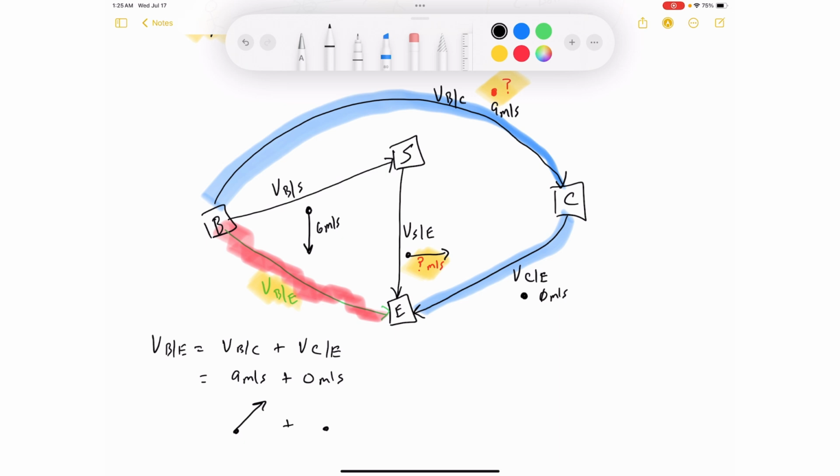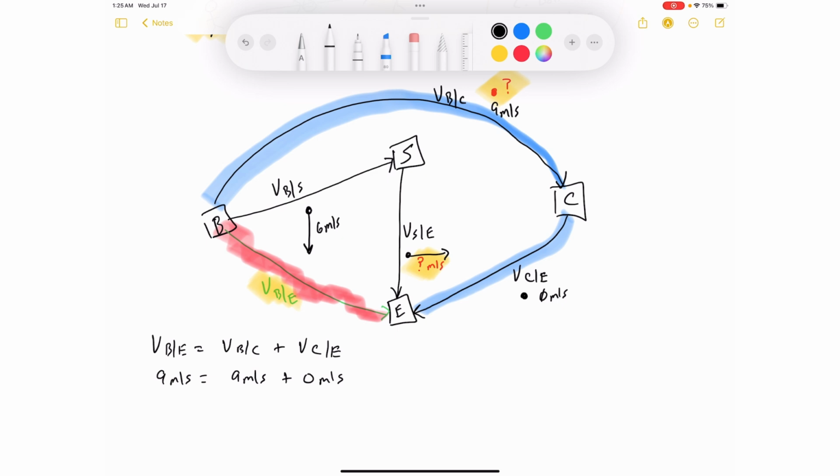So no matter where this vector is pointing, no matter its direction, you're just adding it to the 0 vector. So no matter what, you're going to end up with 9 meters per second.